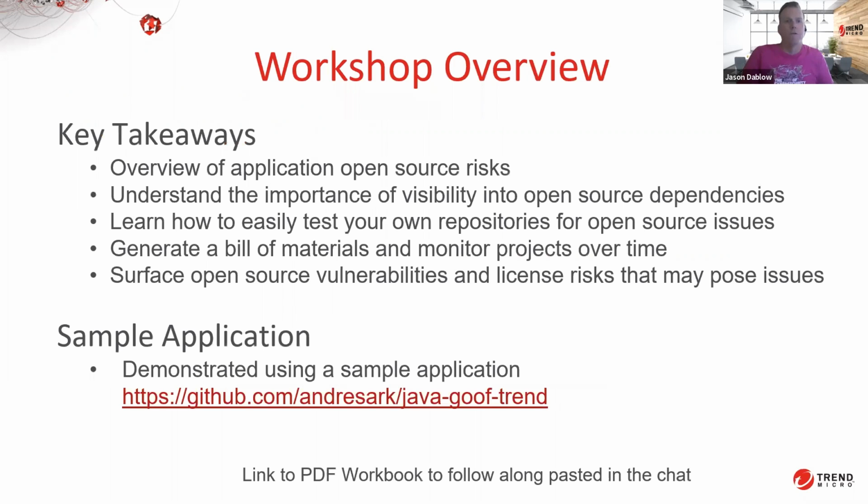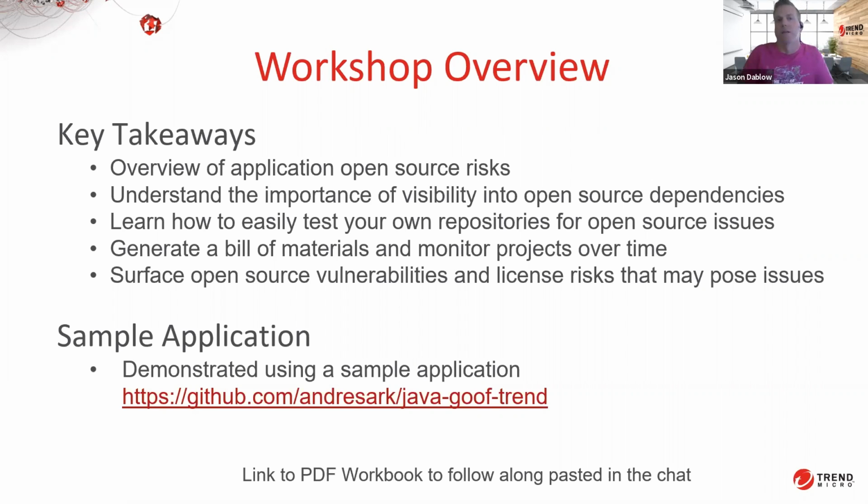For this overview, we're really focusing on a few key takeaways that we'd like you to bring away from this. Those are around the open source risks that are out there. It is a widely used technique when you're developing applications and using open source. We'll talk about what that means, trying to understand the importance of it, and how to test your own repositories.